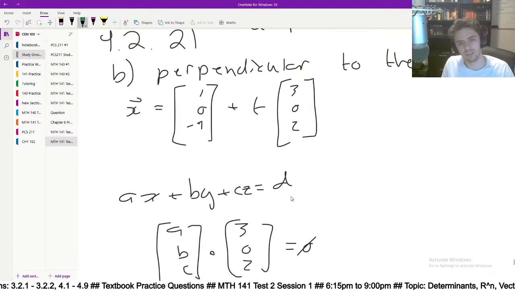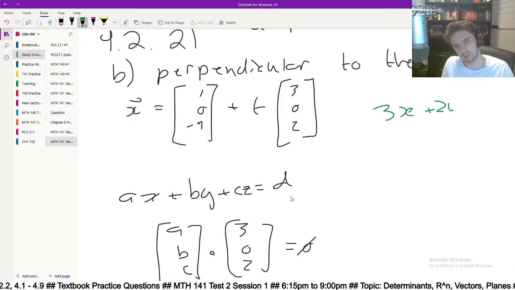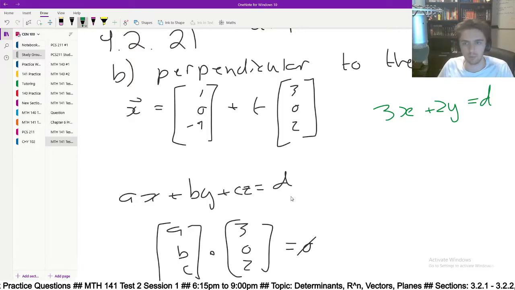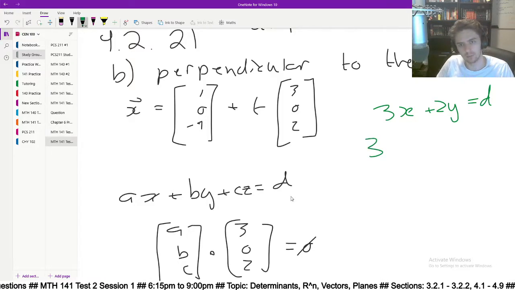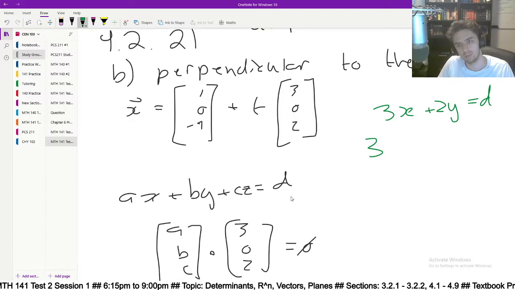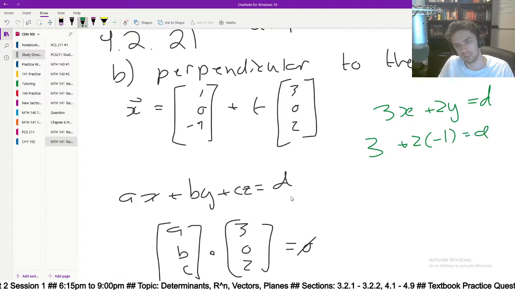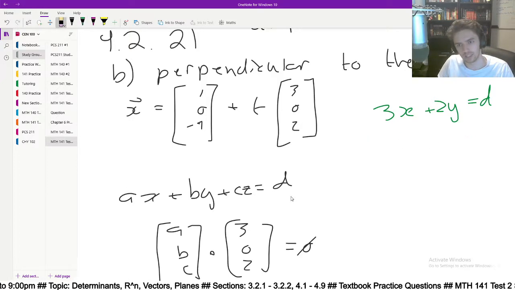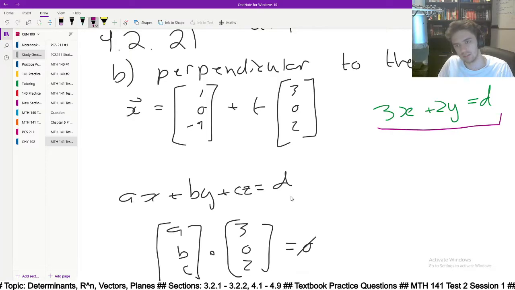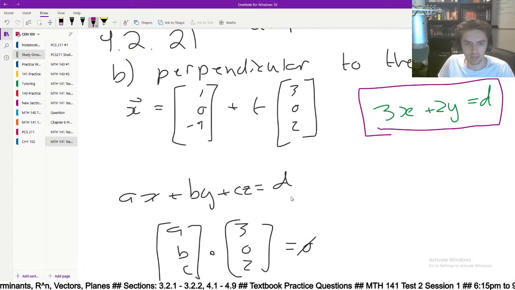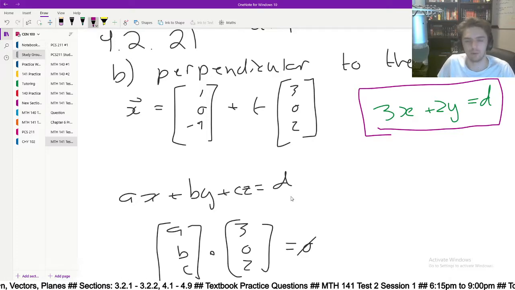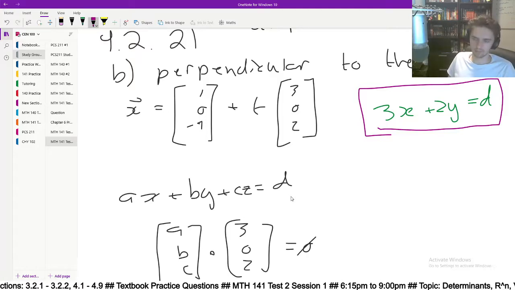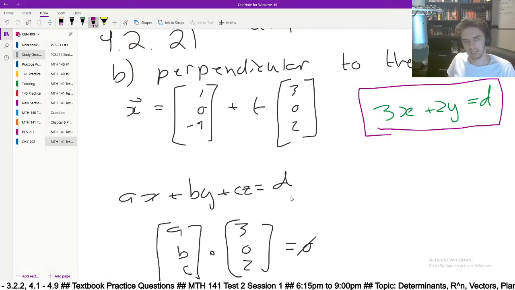So it's going to be 3x plus 2z equals d, and I'll just put in that point: 3 times 1 plus 0 times 0 plus 2 times minus 1 equals d. Oh, but actually it's all the planes, so the only criterion is that. So d is any number. If you were looking for a particular plane that was perpendicular and also went through that point, you'd fix d, but any value of d here will be perpendicular to this line.